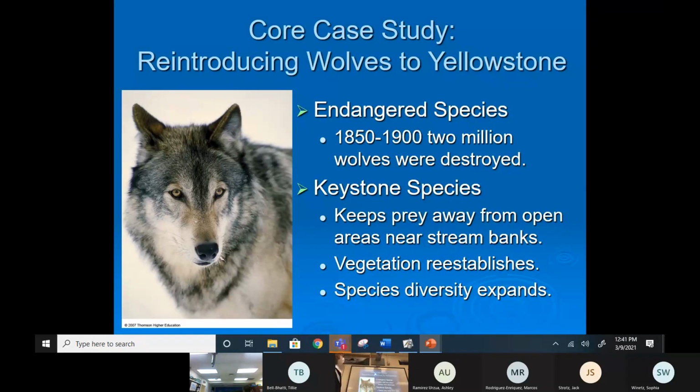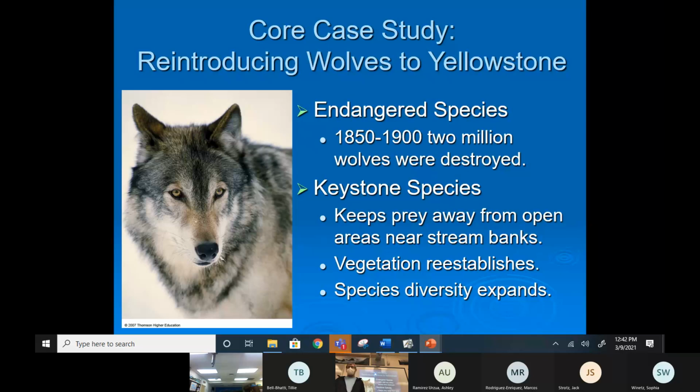So the wolf is an endangered species, although there's argument about whether it should be endangered or threatened. And this again is in the contiguous U.S., the lower 48. It is not a protected species in Alaska because their population is pretty big.